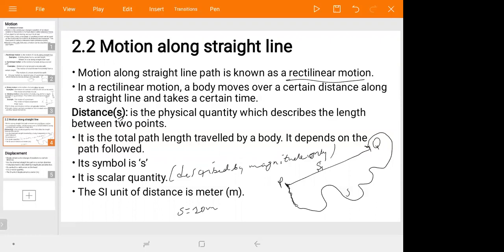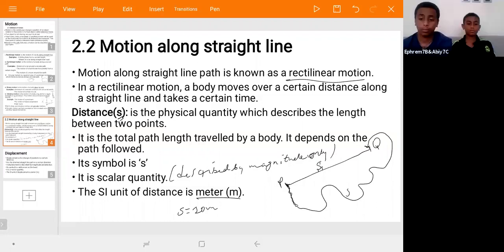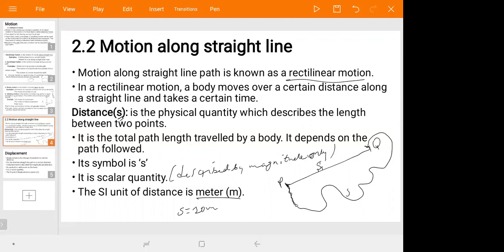Like length. The SI unit of length is what? Meter. You know what SI unit means, the international system of units. So the SI unit of distance is meter, similar to the SI unit of length.